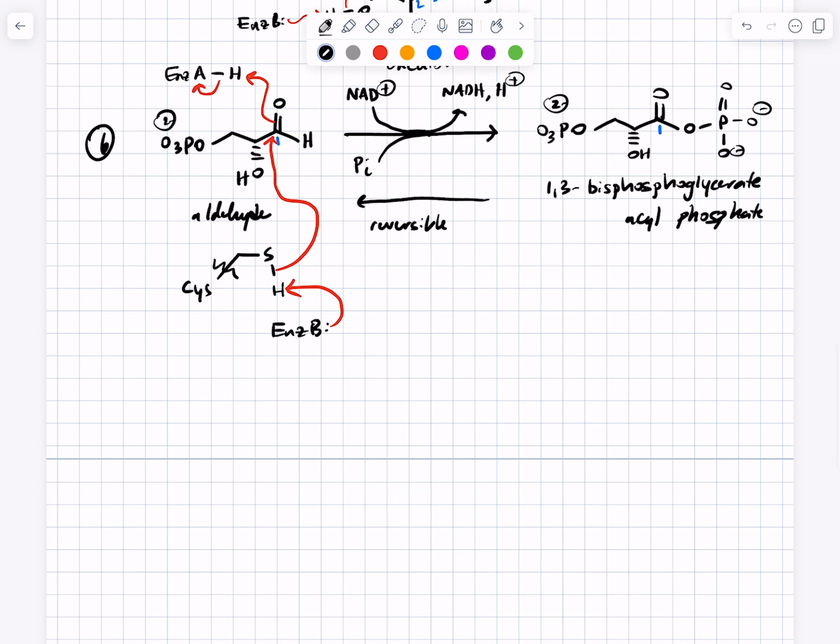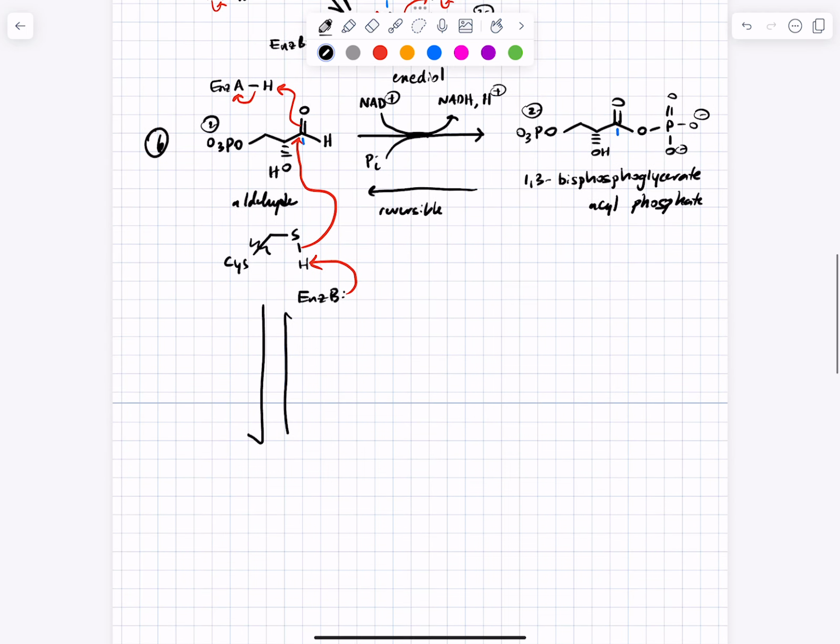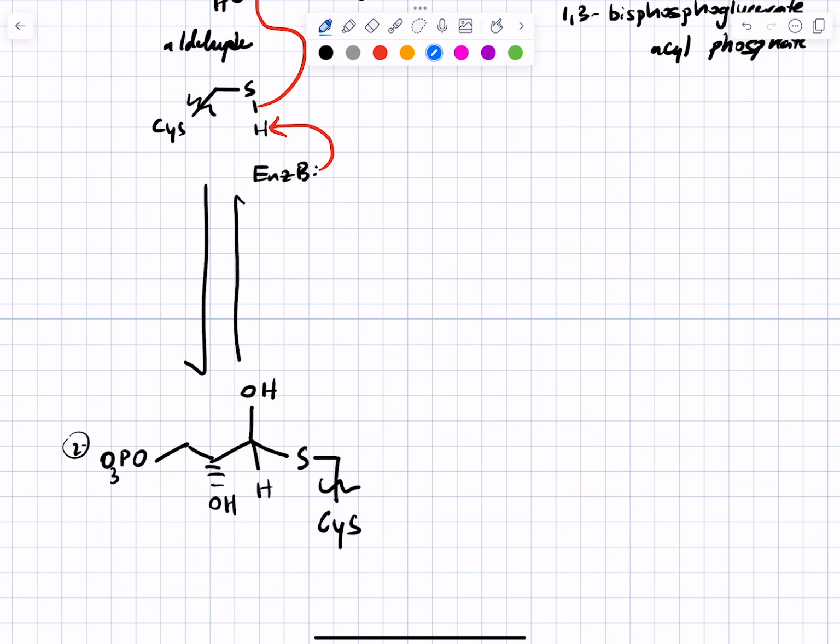The product that we're going to get is going to look like this. It's an enzyme-bound intermediate. This is C1, C2, C3.